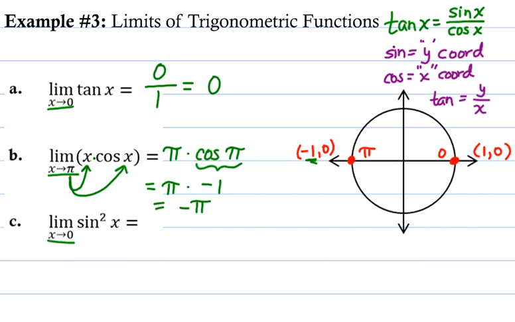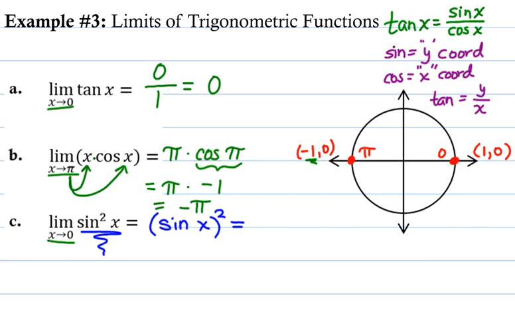All right, next. I'll do it in a different color because it's going to be really close. C. The limit as x approaches 0 of sine squared of x. This can be rewritten in a friendlier way. I like to rewrite squared trig functions like this: I'm going to write sine x, and I'm going to make it squared. They're equivalent. They're the same thing. I think this is friendlier, and it helps when you're doing derivatives, which we will get to very soon.